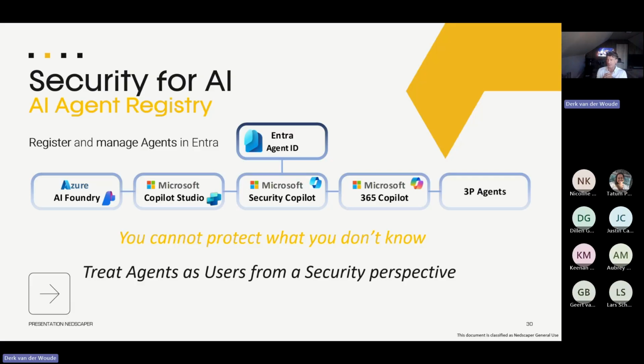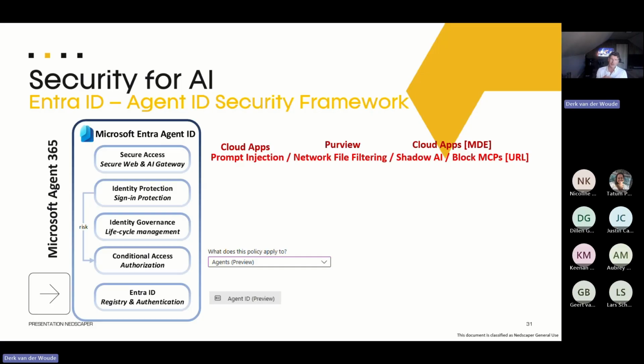That will be the product that holds the initial registration of agents, which will be available in other portals like Purview and Defender. With Agent ID, there are other Entra products that have security controls for it.